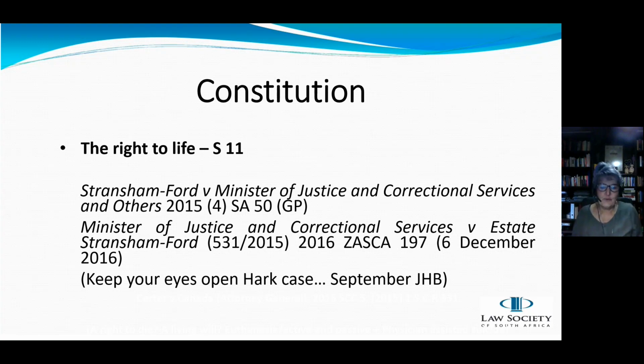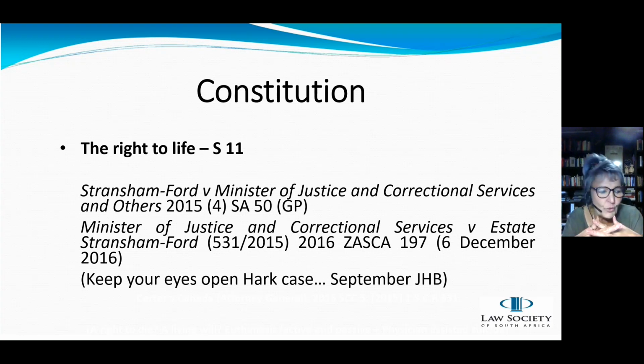And then in February, a Mr. Haak went to the High Court and asked for the same thing. He wanted to be allowed to be assisted when the time comes that he cannot help himself anymore. He is also terminal. His life has no value, but he is still compos mentis at this stage.